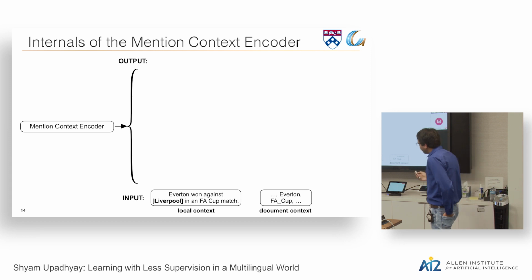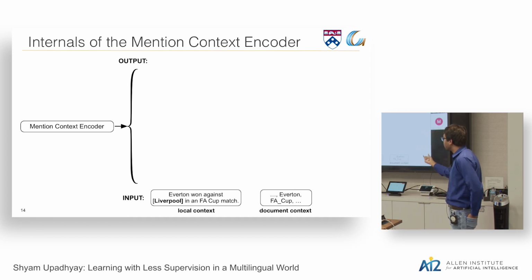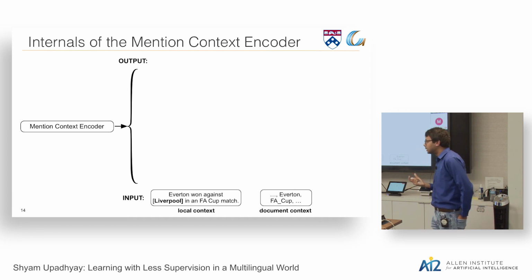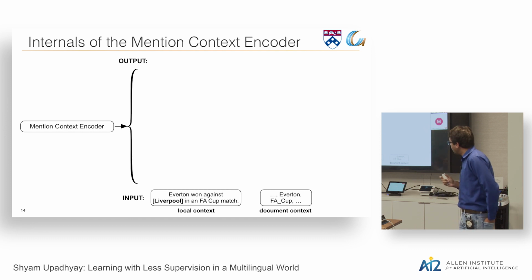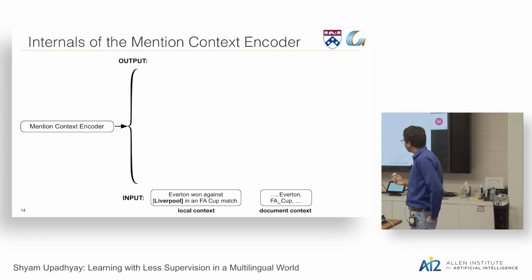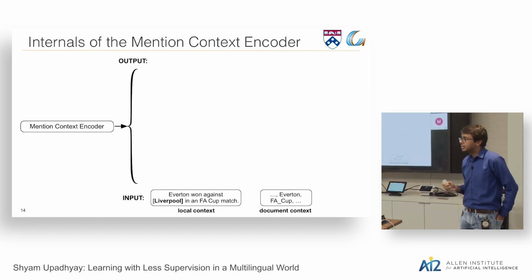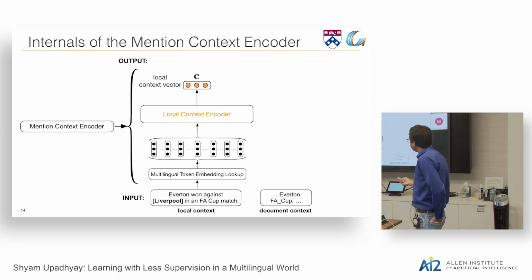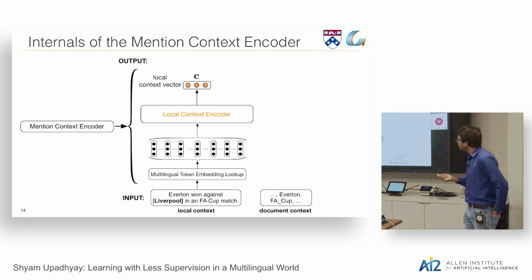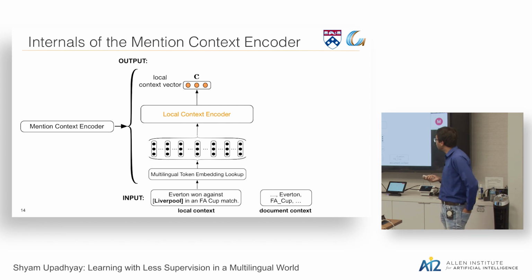So the mention context encoder operates on 2 types of context defined by the mention. So if the mention is Liverpool, we'll have what we call the local context, which is the lexical neighborhood of the mention defined within a small window around the mention. And we'll also have the document context of the mention, which is the surfaces of all the other mentions that appear in the same document. And as I said earlier, the tokens in the local context will get projected first by the multilingual embeddings.